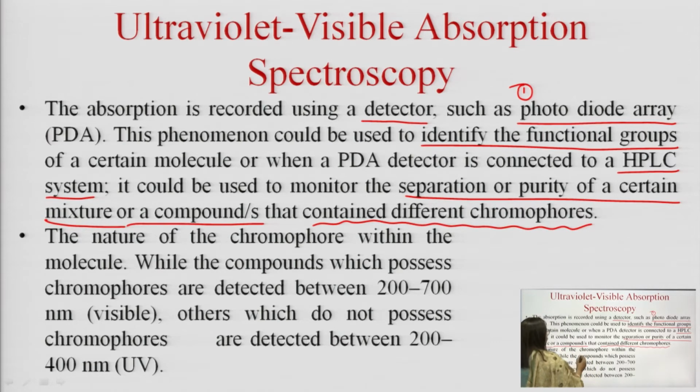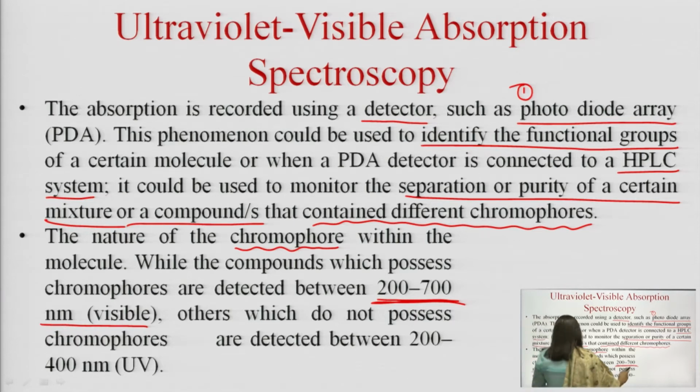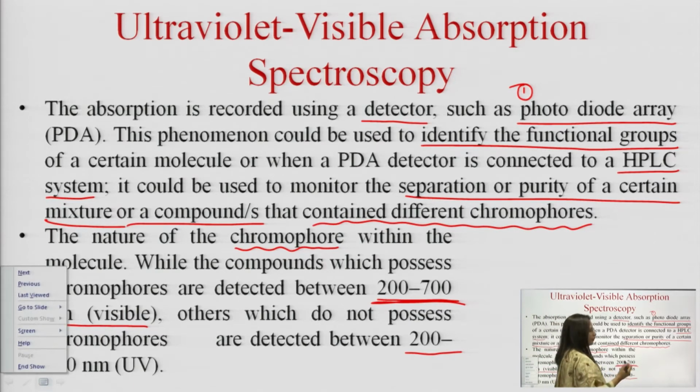Compounds that possess chromophores are detected between 200 to 700 nm, that is the visible range, and others which do not possess these chromophores are detected under UV of 200 to 400 nm.